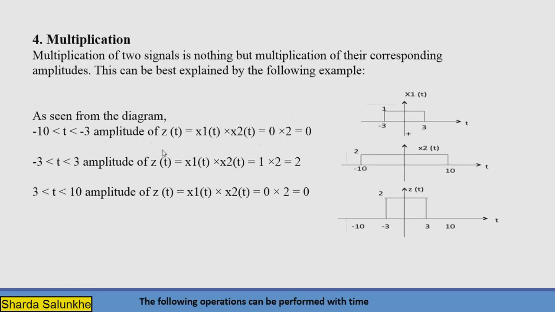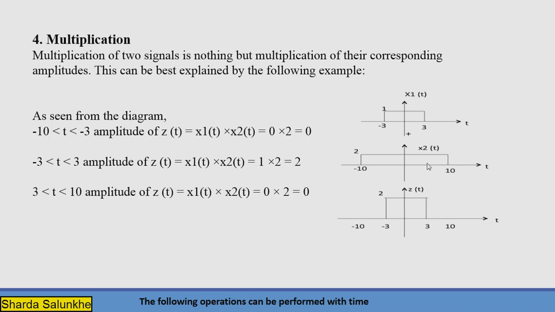The next operation is the multiplication operation. Multiplication of two signals is nothing but multiplication of their corresponding amplitudes, and this can be explained by this figure. Similarly, as with addition and subtraction, we can multiply the two signals, x1 of t and x2 of t.